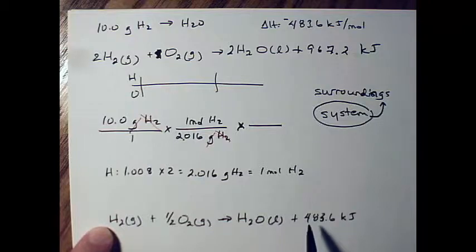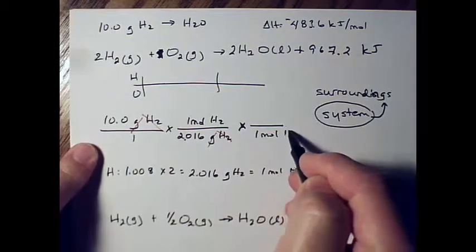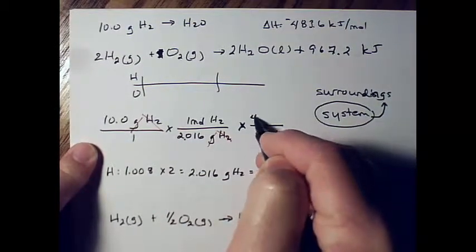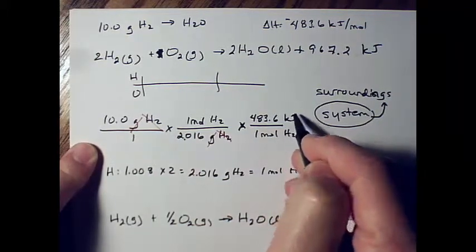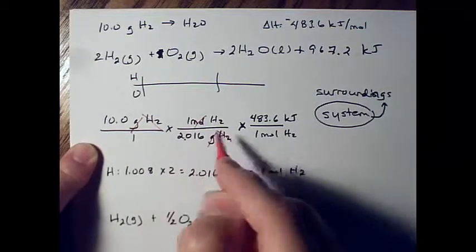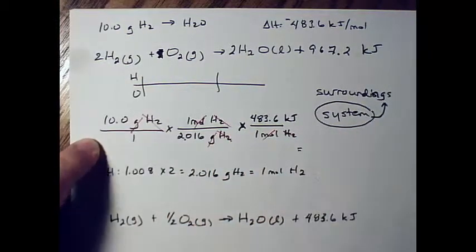Doesn't matter. Are you with me on what we're talking about here? Okay. So I'm going to choose to do the one on the bottom here. 1 mole H2 and 483.6 kilojoules of energy. And we can cancel out moles, cancel out H2, and do the math.